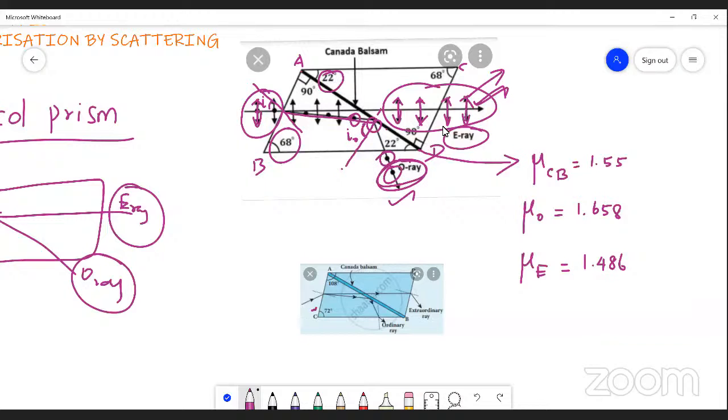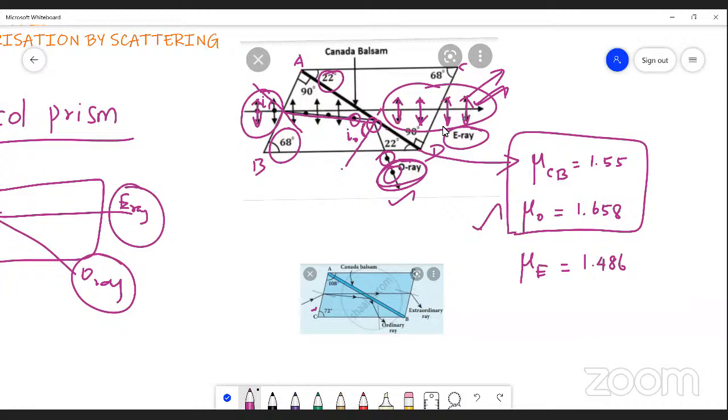So the Canada balsam acts as a rarer medium for the ordinary ray. Refractive index of Canada balsam is 1.55. Ordinary ray refractive index is 1.658. So compare these two, Canada balsam and ordinary ray.